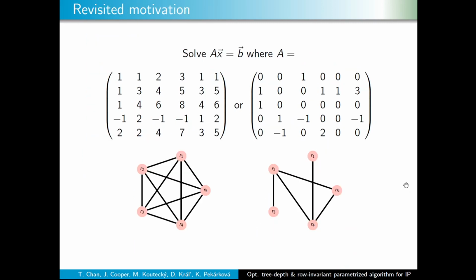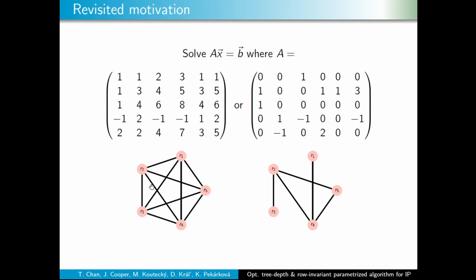So now I've gone to the trouble of defining tree depth, I'm going to highlight its main drawback as a parameter for integer programming. So below we have our matrices from earlier, and underneath those we have their respective dual graphs. Now take it from me that the dual tree depth of this dual graph is 4.